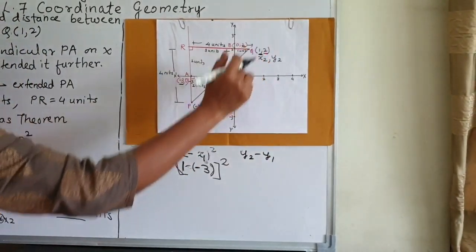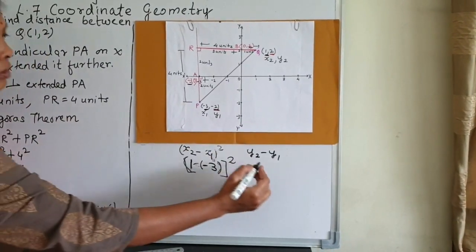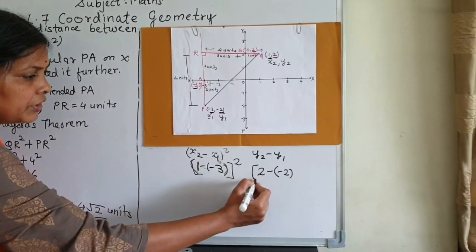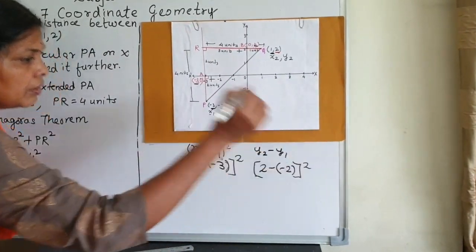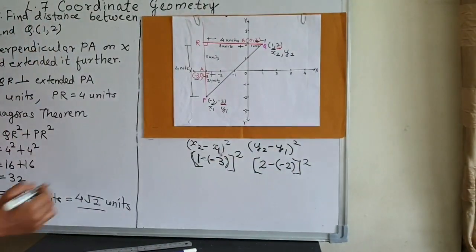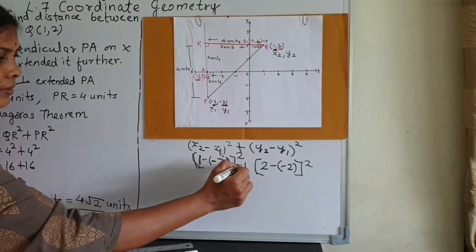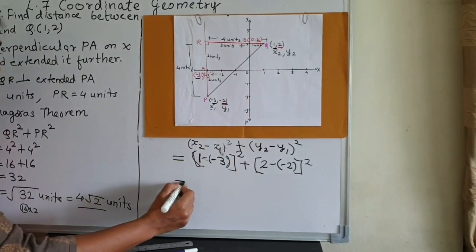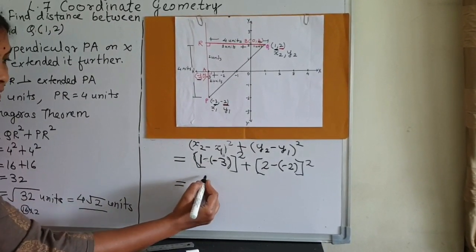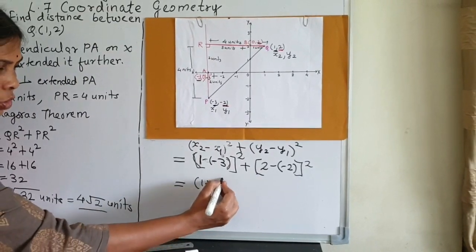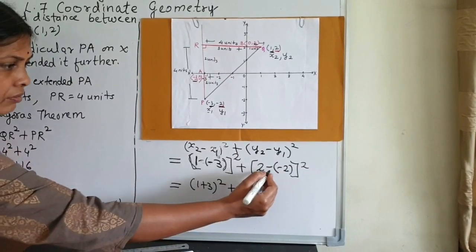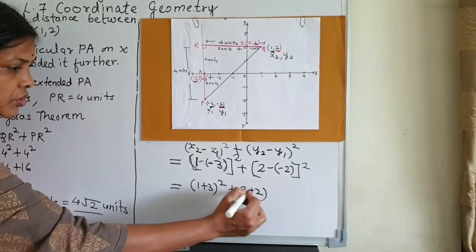So what is y2 here? 2 minus of -2, make the square of this. What next we do? We add these squares. And then what we get here? 1 minus -3 gives us 1 plus 3 square, plus 2 minus -2, that gives us 2 plus 2 whole square.